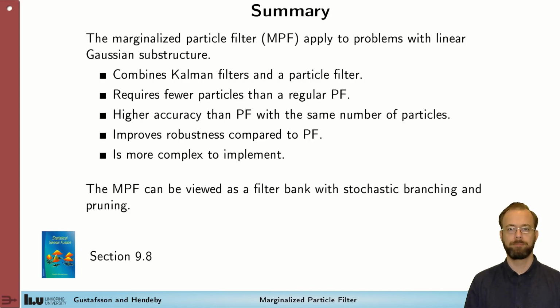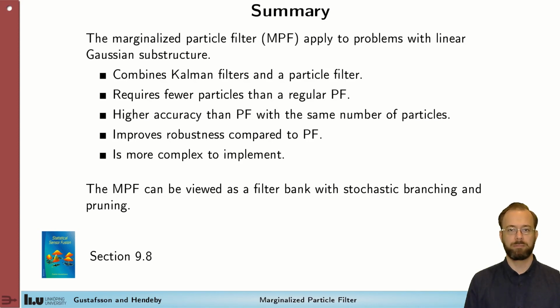To summarize, we have looked at the marginalized particle filter, which can be applied to nonlinear problems with linear Gaussian substructure. I've given some intuition for how it combines Kalman filters and particle filters in a filter that can provide higher accuracy than the particle filter using the same number of particles, or can be run with fewer particles without diverging.